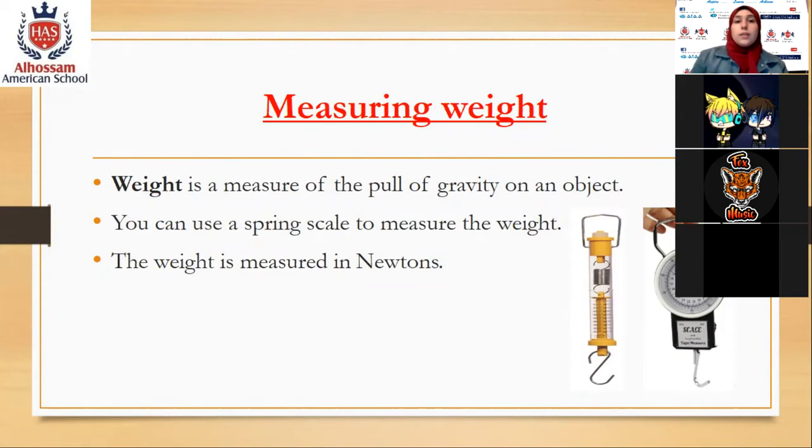Weight is the measure of the pull of gravity on an object, the amount of gravity pulling this object down. So they are completely different things. The weight is the amount of gravity that pulls the object down.